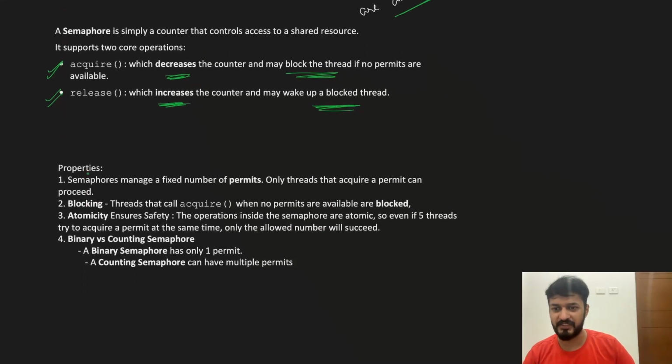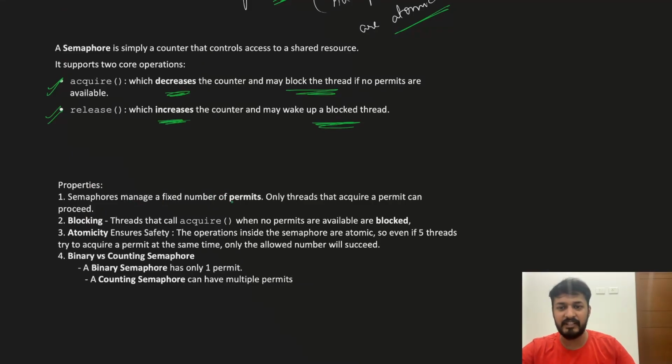What are the properties? Semaphore manages a fixed number of permits. Only threads that acquire a permit can proceed. Second property is that it is blocking in nature. Threads that call acquire when no permits are available are blocked. Third one is atomicity.